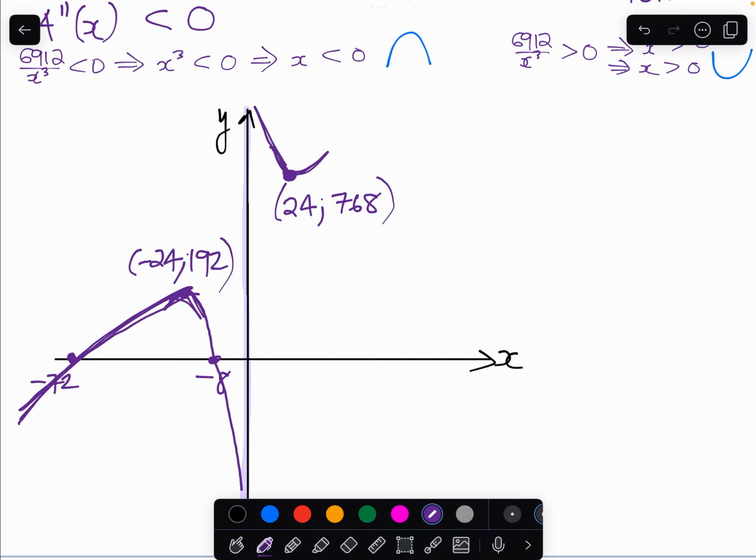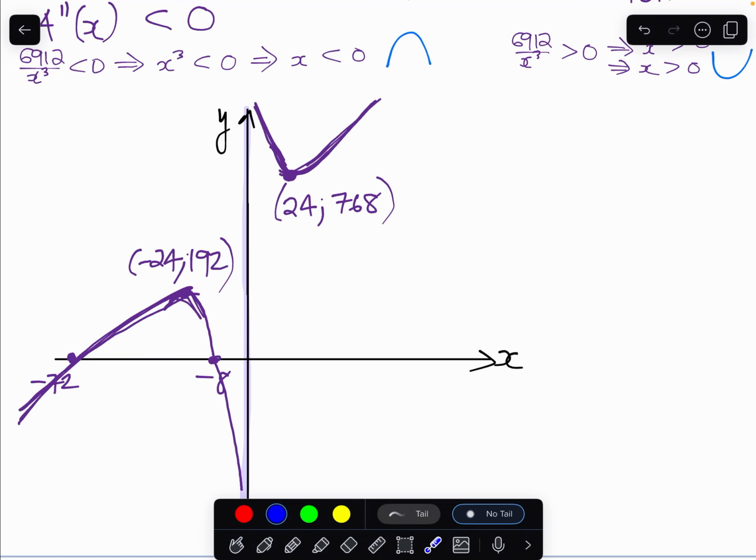And likewise on this side, it's going to approach the asymptote, and then the rest of the time it's just going to go further and further up to infinity, because again, it's not changing concavity. And that is that, really.